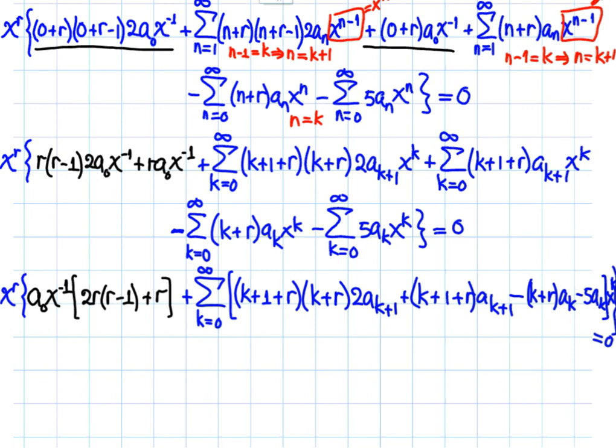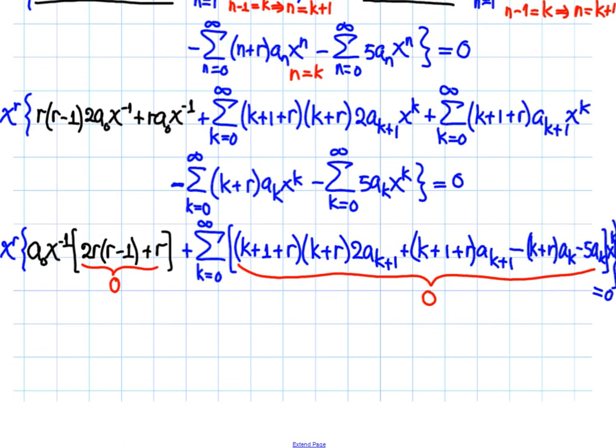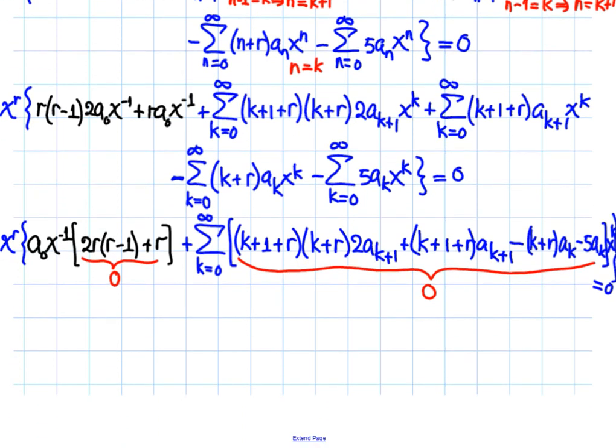The next step is, since the right hand side is equal to 0, that means all the coefficients have to be equal to 0. So from that we have two parts here.